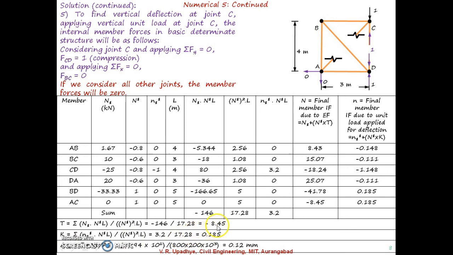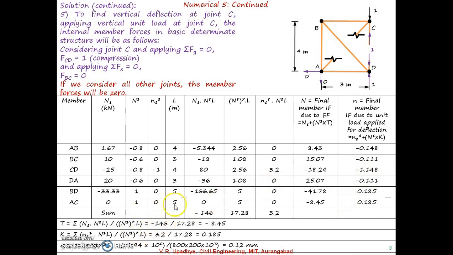After that, T and K are calculated, and that gives us the final member internal forces due to external forces in the given original structure. Then this column small n is the final member internal forces due to the unit load applied for deflection.